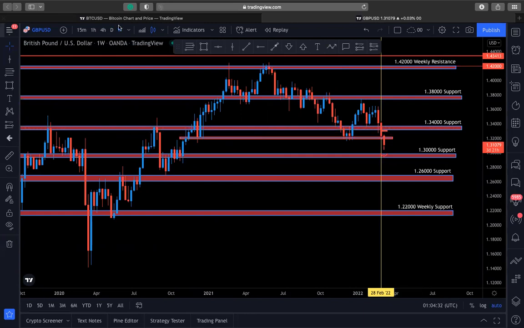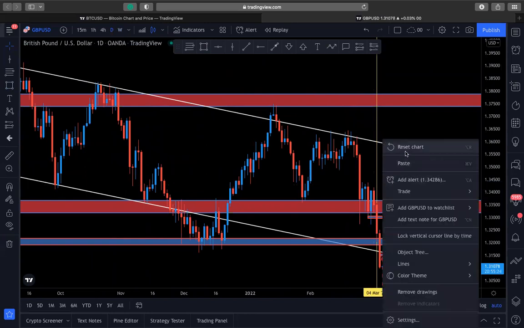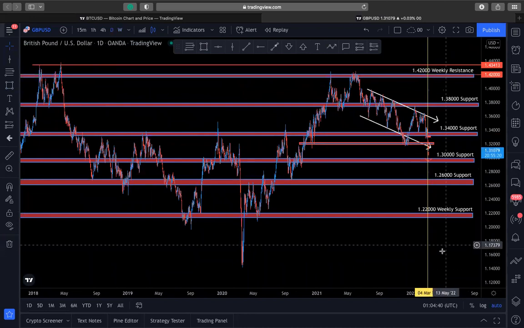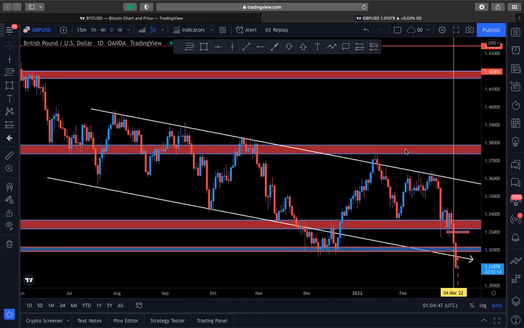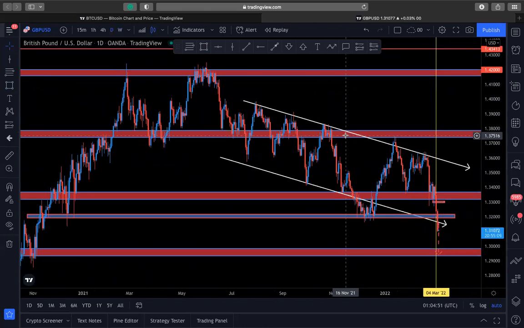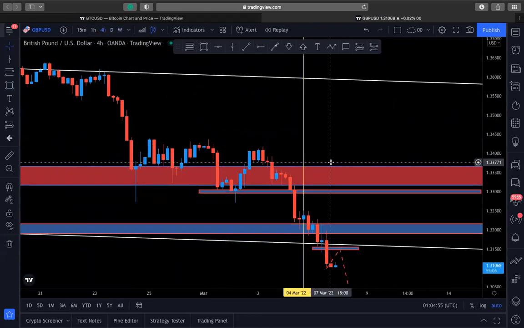So we're taking a look at our technicals here. Let's just take a look at the daily. All right, so we're taking a look at our levels here. Got about 4 or 5 key levels that I'm really keeping a close eye on and seeing how price reacts to these levels. So let's just take a look at where price opened up to start the week.